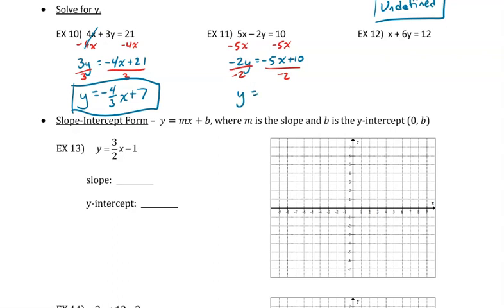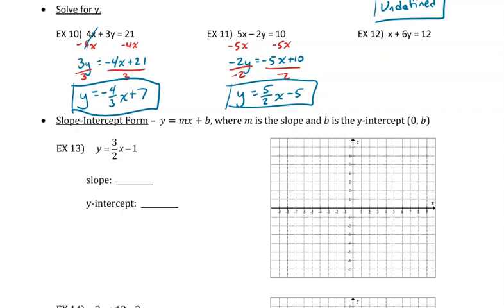So we get y equals, again, negative 5 divided by negative 2. 5 doesn't divide by 2, but we can cancel those negatives out because negative divided by negative is a positive. So it'd be 5 halves x. And then 10 divided by negative 2 is negative 5. So y is solved for.